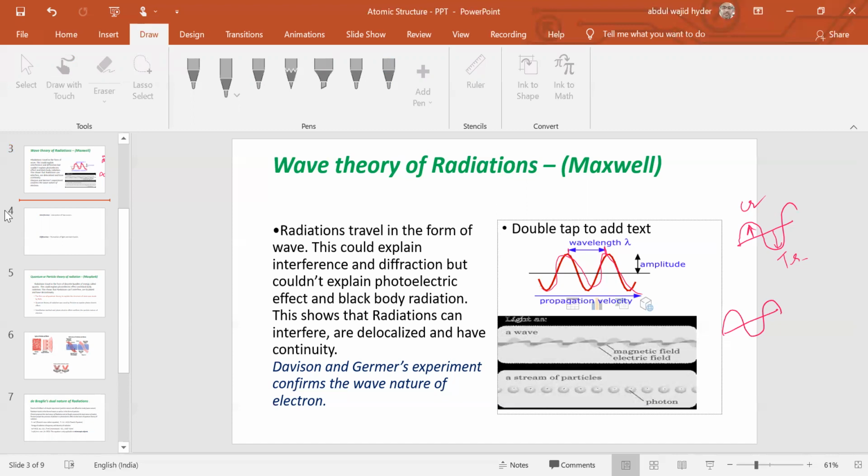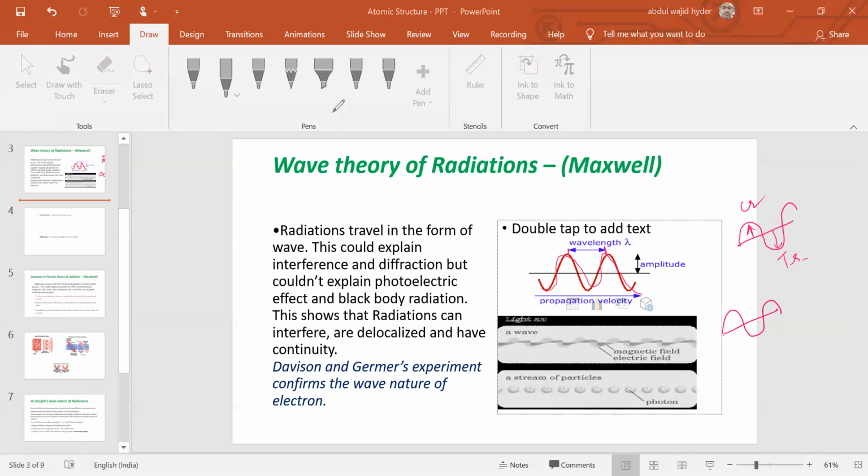It was very difficult for me to remember who gave wave theory of radiation and who gave quantum theory of radiation. Both are Max.